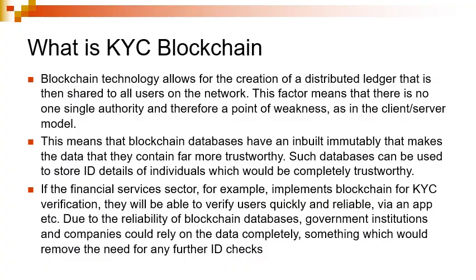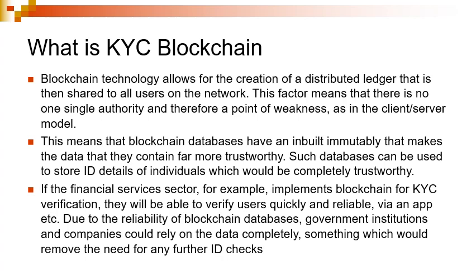So what is KYC blockchain? Blockchain technology allows for the creation of a distributed ledger that is then shared to all users on the network. So once we create a distributed ledger of KYC documents, this ledger can be shared among all the users on the network, and this factor means that there is no one single authority, and therefore no point of weakness as in the client-server model. So there is no central authority.